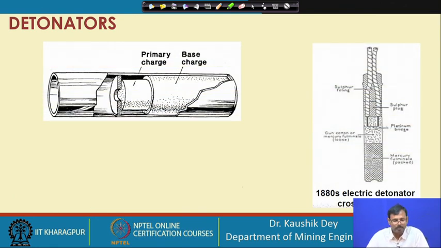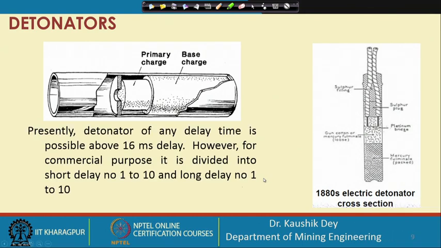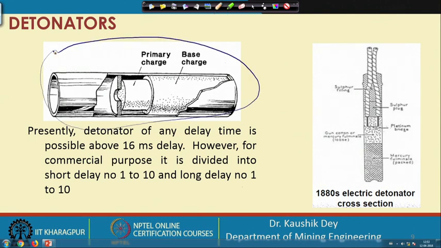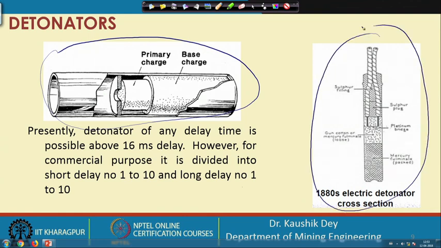So, if you see the constructional features of this, you will find out this is the first detonator which was developed by Sir Alfred Nobel, the primary charge and base charge, and this is the first electric detonator which was developed.